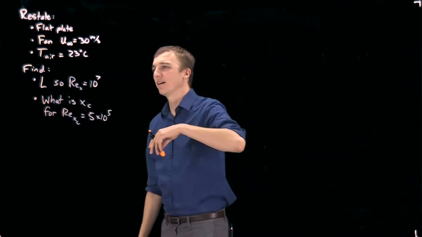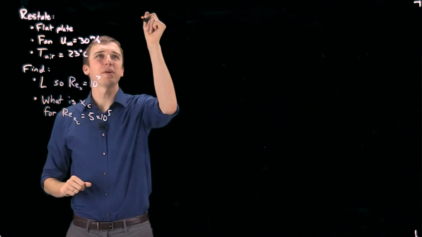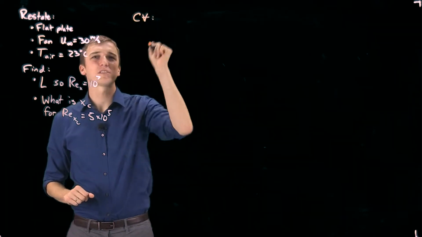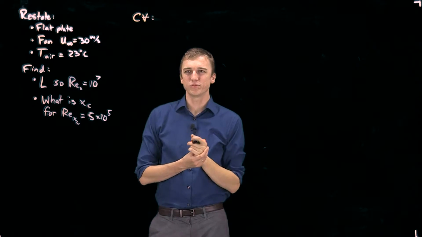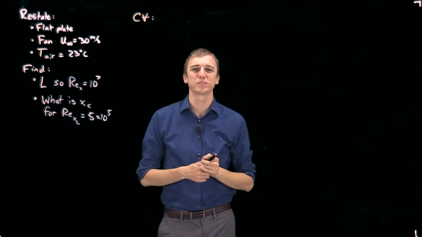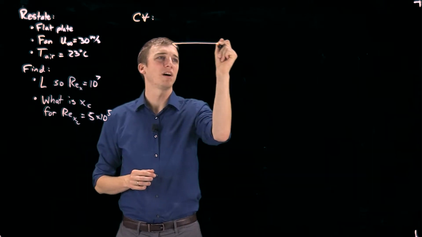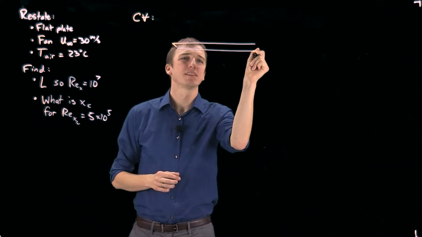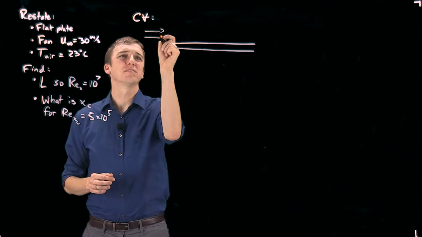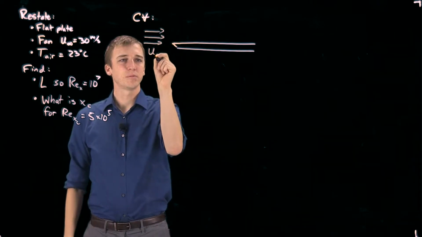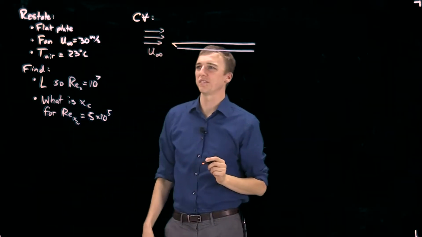The next part of our problem is always an energy balance or a control volume. Really, it's a diagram. These types of problems don't utilize a control volume quite yet. So we're just going to draw our flat plate, and we know that we have some flow approaching our plate, moving at a speed of U infinity.